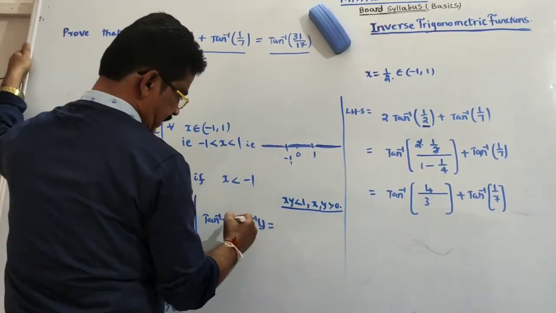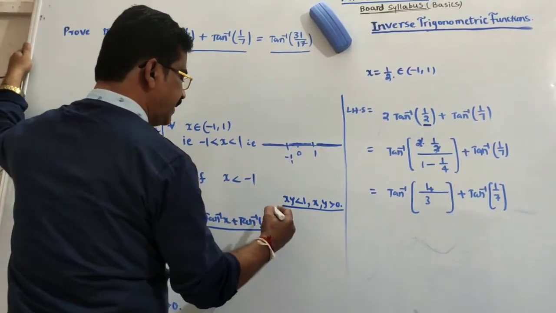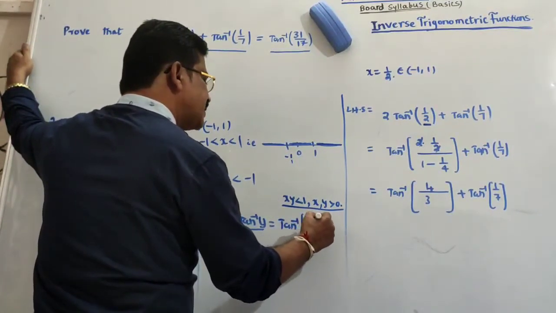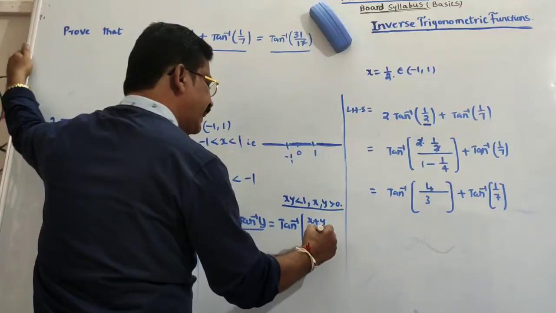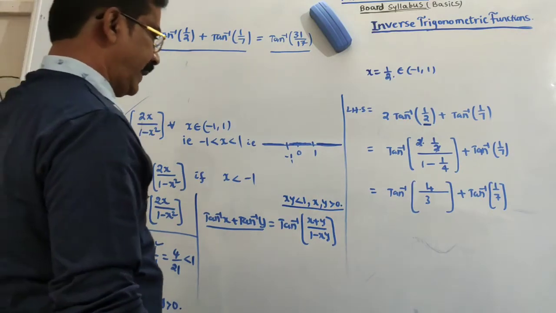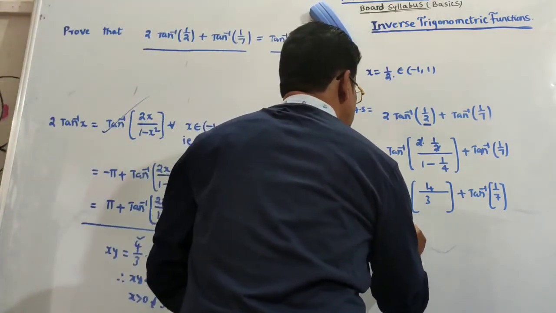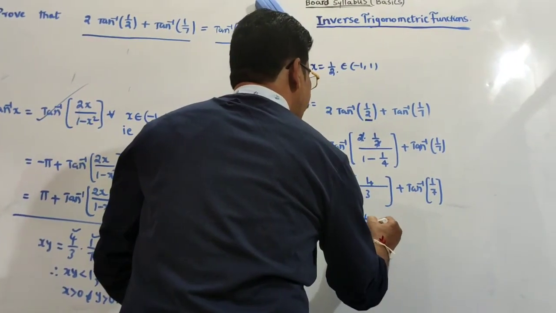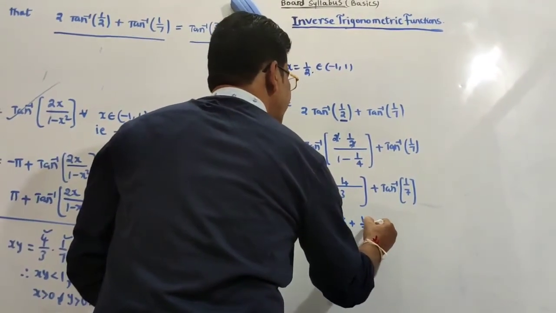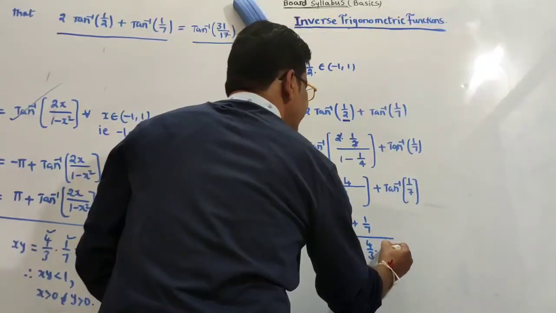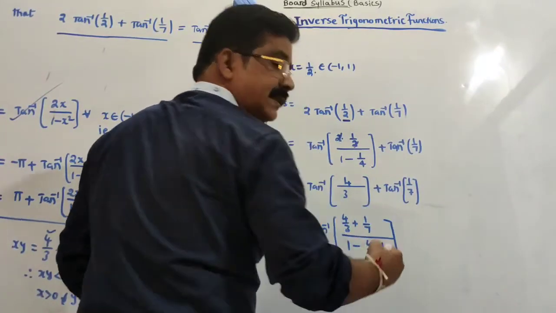In such a case, tan inverse of x plus tan inverse of y equal to tan inverse of x plus y divided by 1 minus xy. So that is equal to tan inverse of 4 by 3 plus 1 by 7 divided by 1 minus 4 by 3 into 1 by 7.